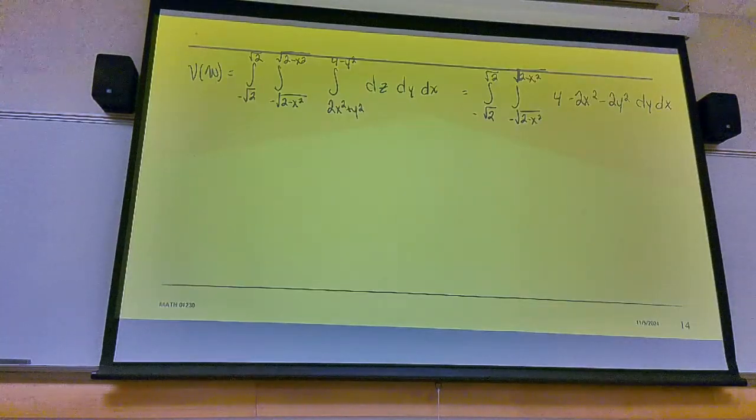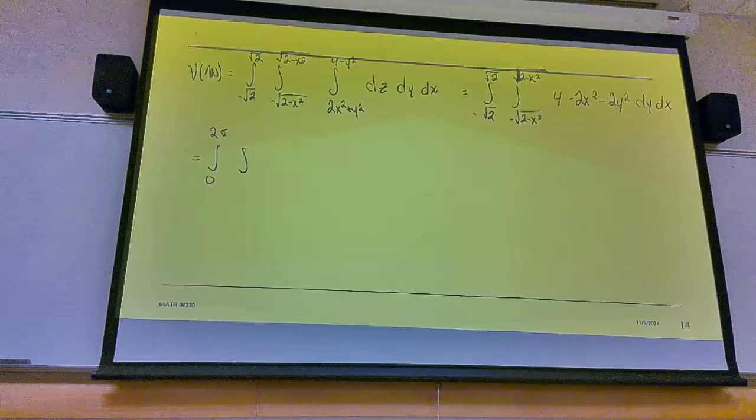Looking at that, how would you describe it in polar? So what would the outer limits be for theta? Root 2. It's too high.